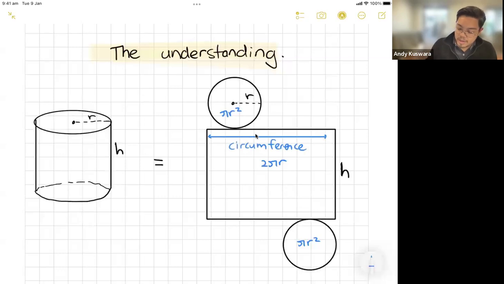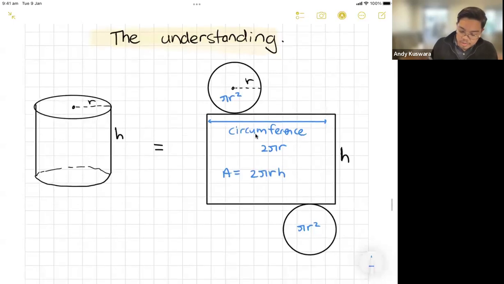So the area of this curved section is 2 pi r h. That's where you get your formula for the surface area of a cylinder: 2 pi r squared plus 2 pi r h. That's where that comes from.